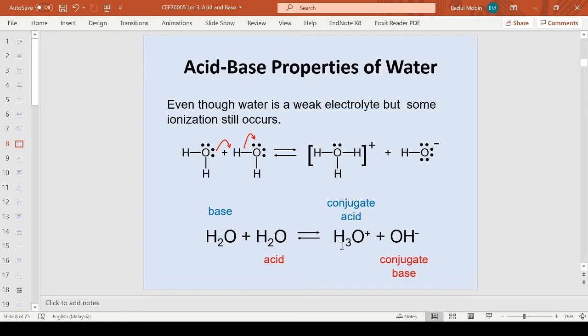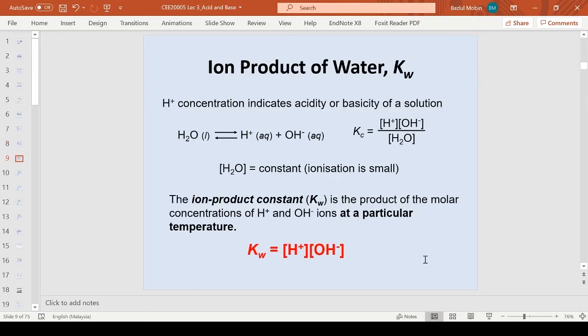So they are producing one conjugate acid and one conjugate base from the water. This H3O is a conjugate acid of the base that takes up the hydrogen, and the hydroxyl ion is a conjugate base of the acid that liberated the hydrogen ion.